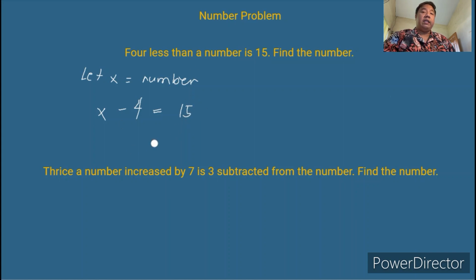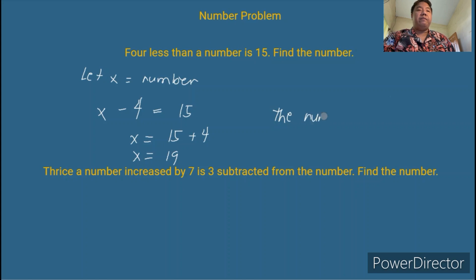So x is equal to 15 plus 4. So x is equal to 19. Then of course, the conclusion natin at the end, the number is 19. Huwag pong kalimutan yan, ha?